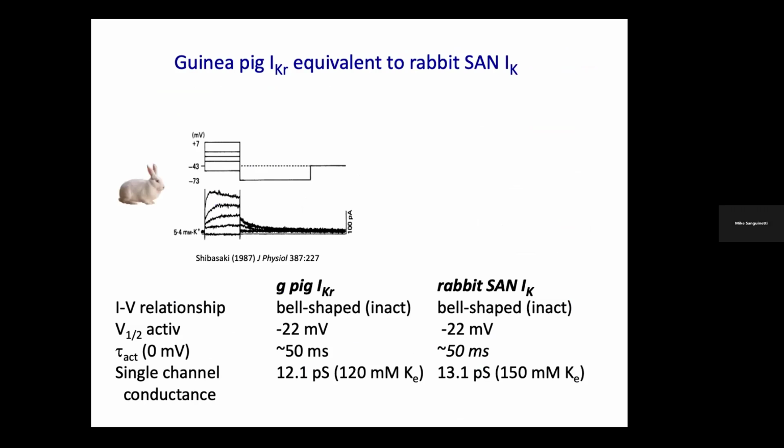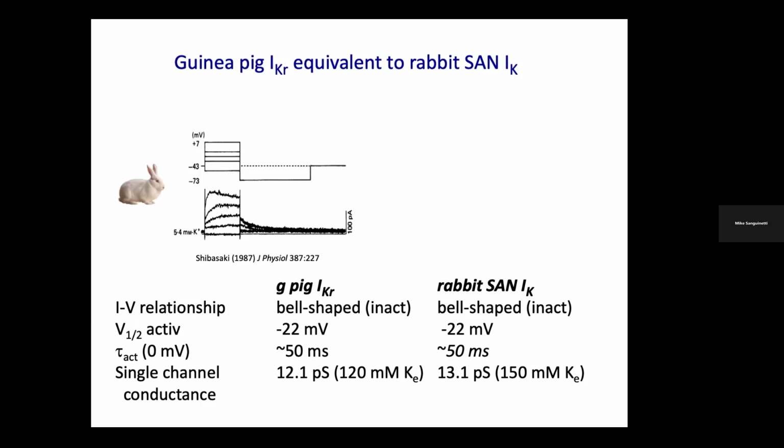So that made it pretty clear to us that the guinea pig rapid delayed rectifier is basically equivalent to what was measured earlier in cardiac myocytes from rabbit. You can see that both in the IV relationship, they're both bell-shaped. V1/2 of activation was similar, and the time constant of activation at 0 millivolts was basically the same, as was the single channel conductance.